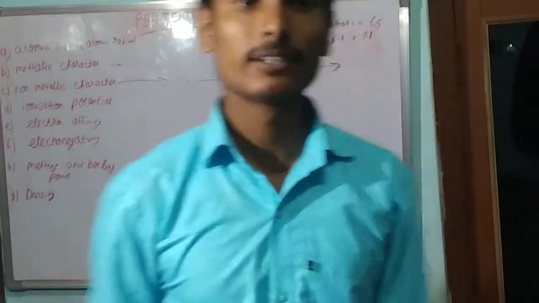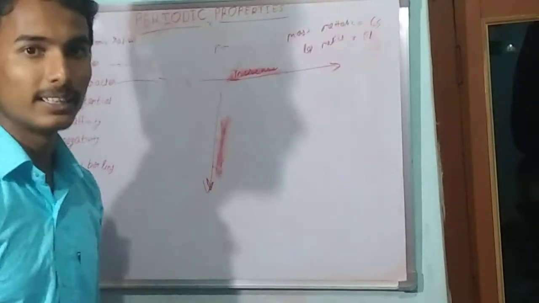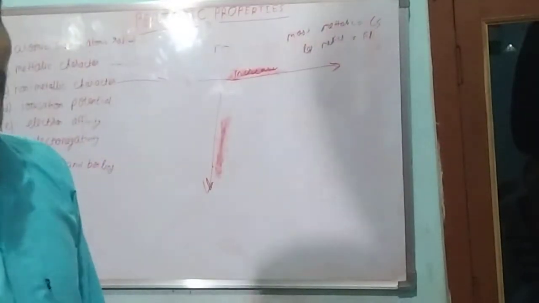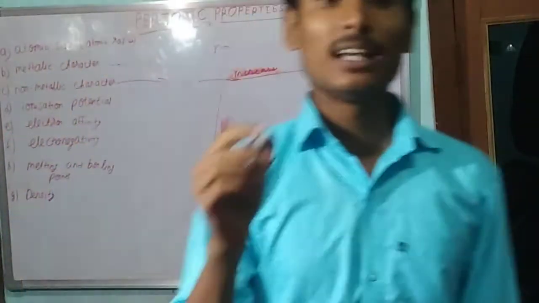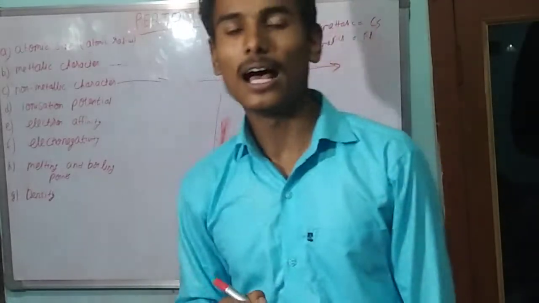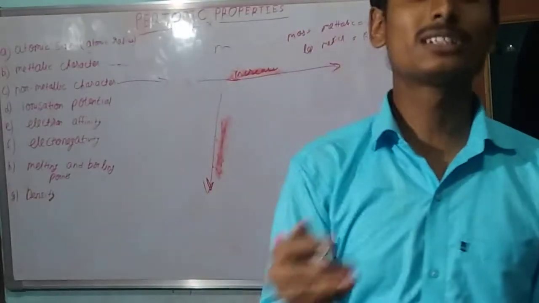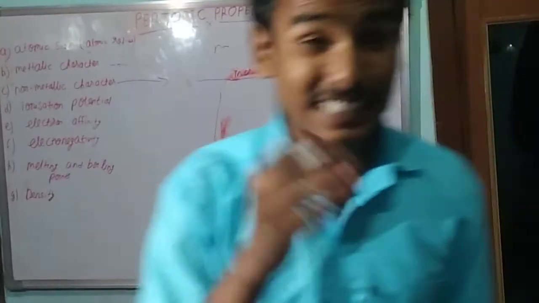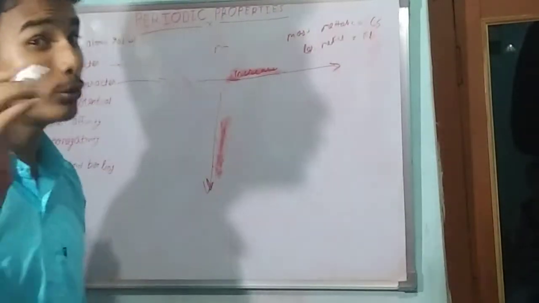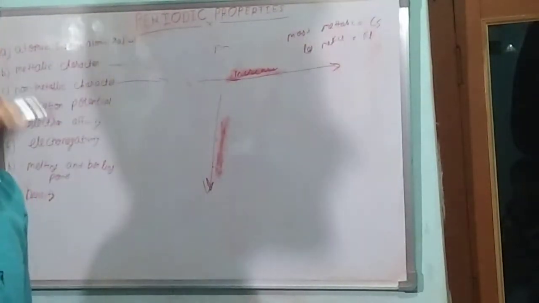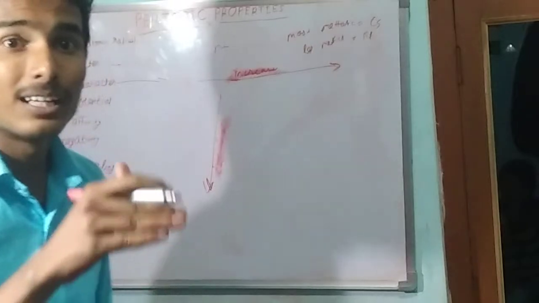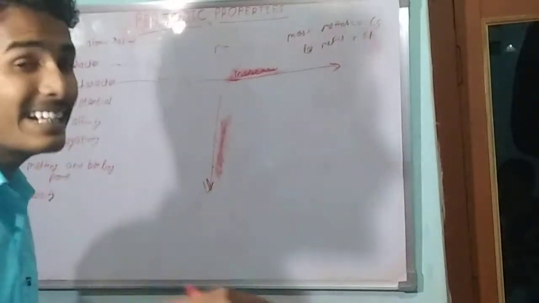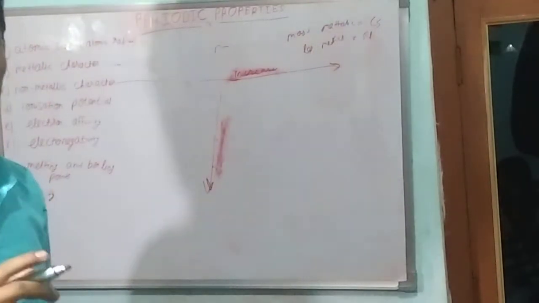While in the case of chlorine, in the same period, period third only, the atomic number is 17 and the number of valence electrons in the outermost shell is 7. It is not easy to lose. As you know, across a period nuclear charge increases, so it is not easy to lose 7 electrons from the outermost shell, but it can gain 1 electron easily.